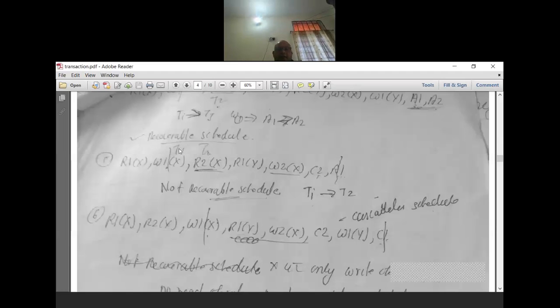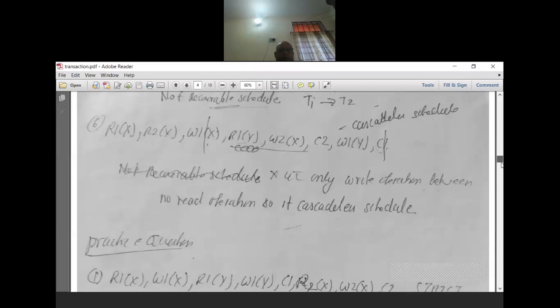We have to check whether the completion of the first update is done first, or this read is done first. If T1 is completing before T2, that means it is recoverable. Otherwise, it is non-recoverable.